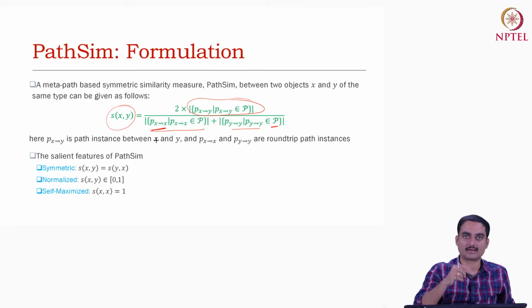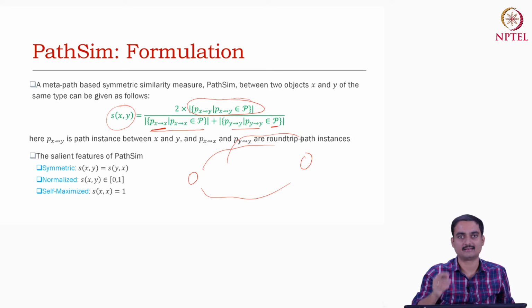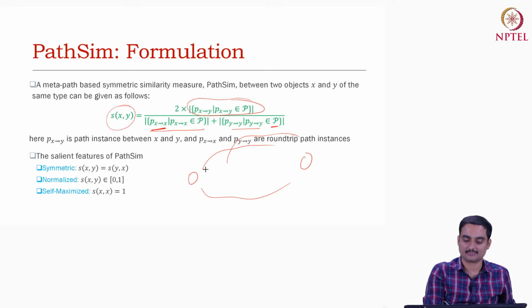Okay. So we say these are two nodes. We look at all types of metapaths and let's fix a particular metapath. We basically want to understand how many round trip metapaths there are for x, because we already defined what we mean by a metapath PL. I follow PL and I come back to x.